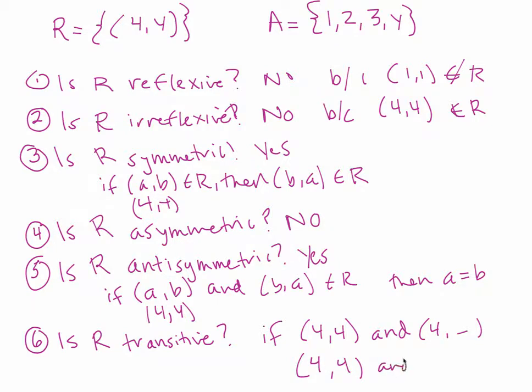So 4, 4 and 4, 4 are in the set. And if I take the first and third, 4, 4 is still in my set. So if you cannot find an example to show it's not transitive, it is transitive. The only way to show it's not transitive is to give an example. So anytime you have just one point, it is always transitive because you can't show it's not.